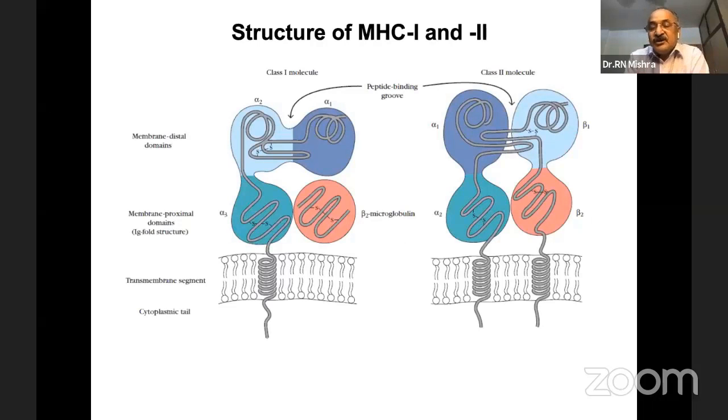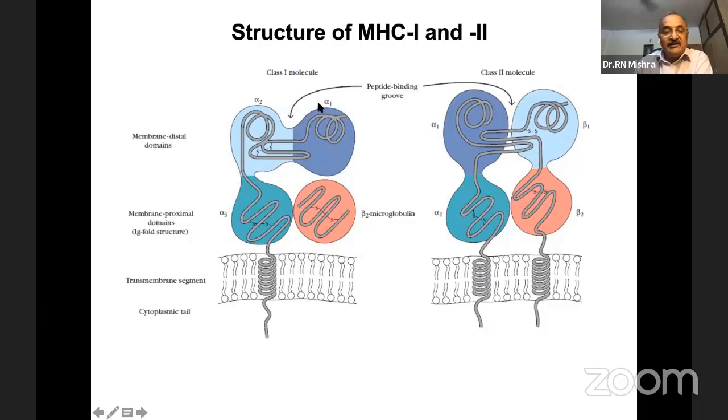There are two types of MHC molecule, MHC1 and MHC2. They are different. MHC1 has a single chain of polypeptide, whereas a class 2 molecule has two chains of polypeptide, the alpha chain and the beta chain. The class 1 molecule has a single chain, and these are the various domains, the globular structure, the alpha 1, alpha 2, and alpha 3.